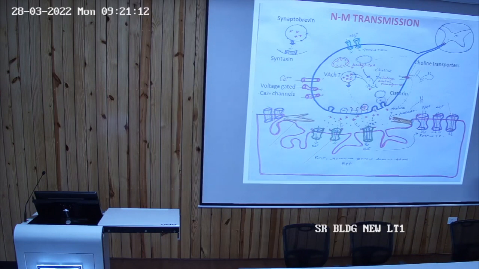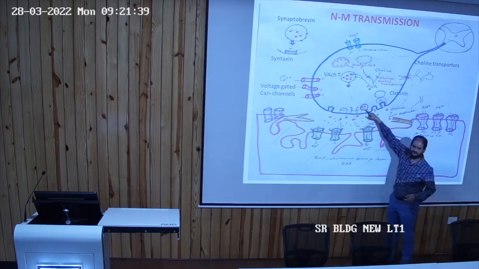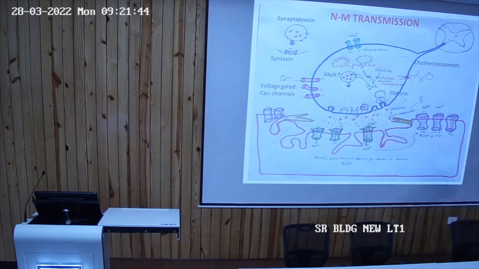So under the influence of calcium, synaptobrevin and syntaxin come together. The vesicle travels this way, and syntaxin opens its head in the presence of calcium and receives the vesicular membrane. As synaptobrevin arrives and sits here, there is interaction between synaptobrevin and syntaxin, and they start contracting.